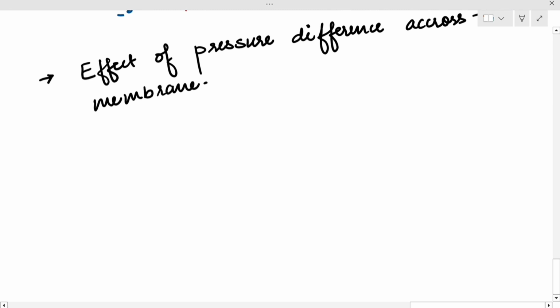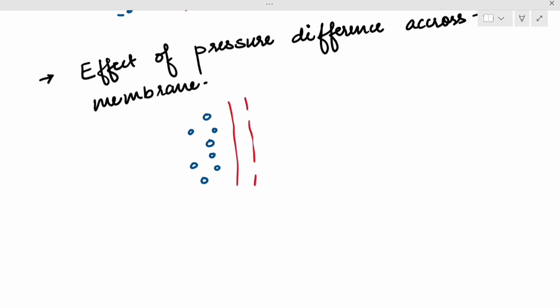Okay, now this is the membrane. Okay, now here are some molecules, ions. Okay, but in this side, the pressure is comparatively higher as compared to this side.